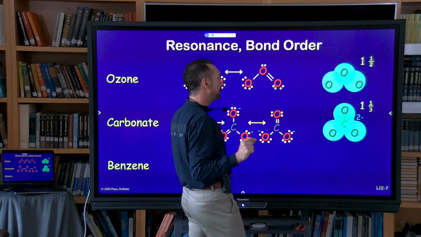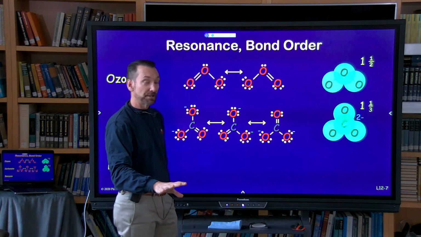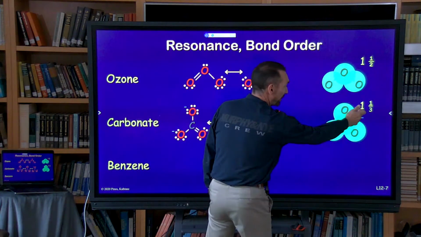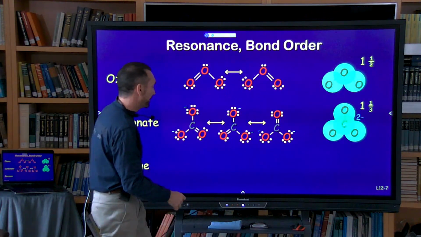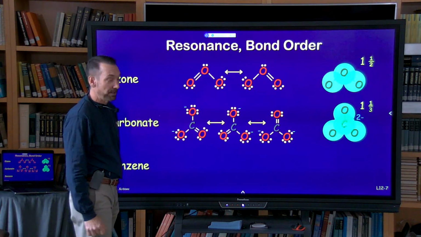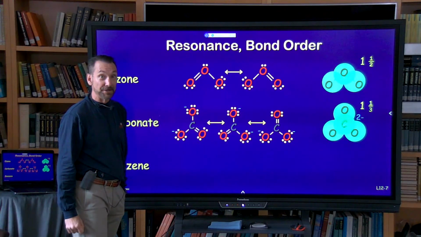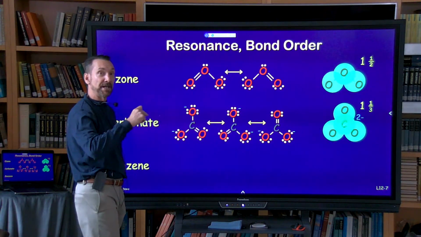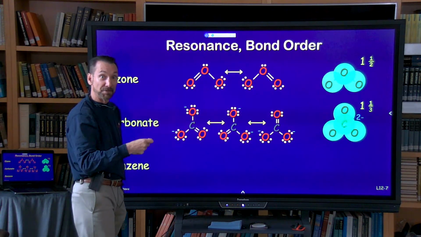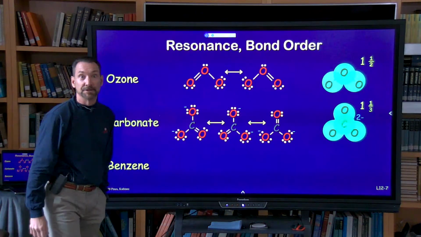It cannot be localized anywhere on this molecule. This is bond order 1 1/3, because I have 3 bonds to form and 4 bond pairs. So 4 bond pairs over 3 bonds that I want to form gives me 4/3 bond order.